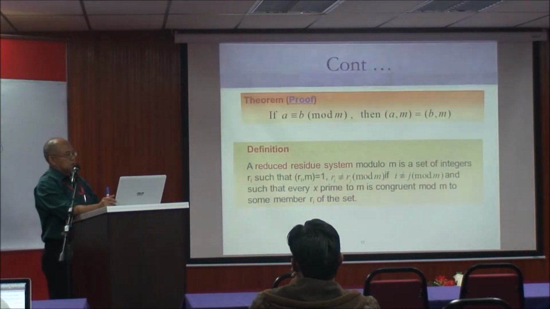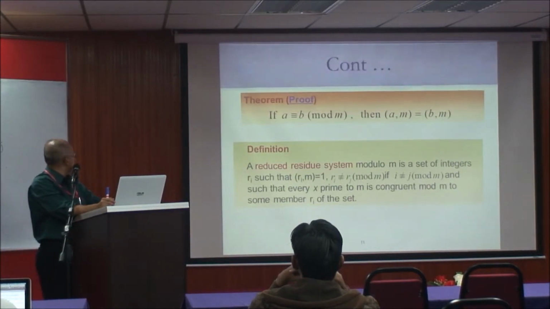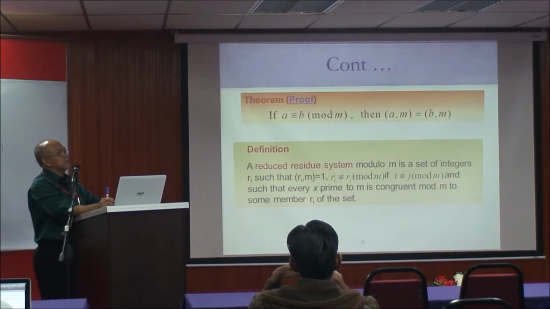Okay, from the definition of the complete residue system, we have another system which is called a reduced residue system modulo M. It is a set of integers also. Let's say we call it Ri. The condition for Ri to be in this reduced residue system is that Ri must be relatively prime to M. That's the first condition.